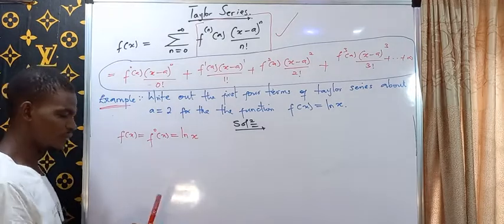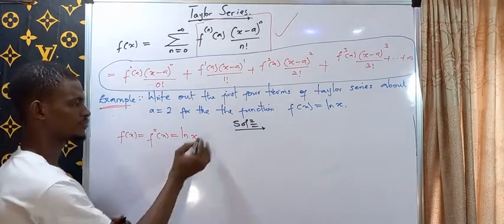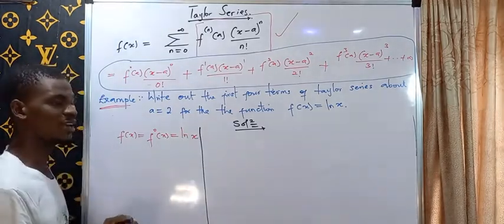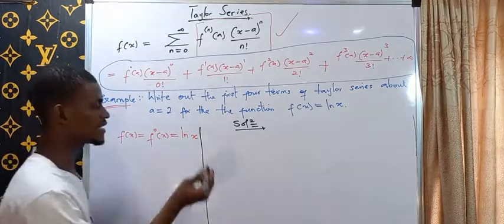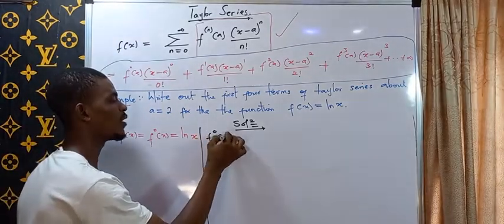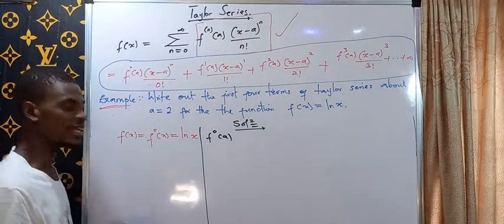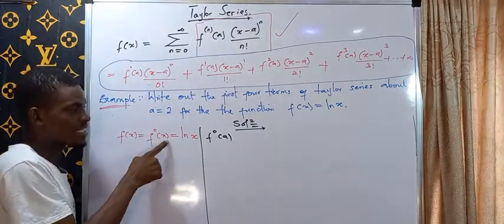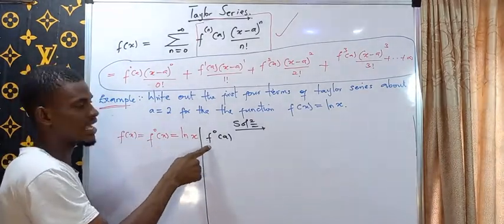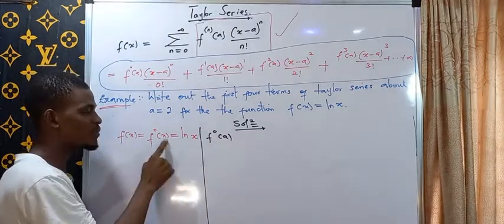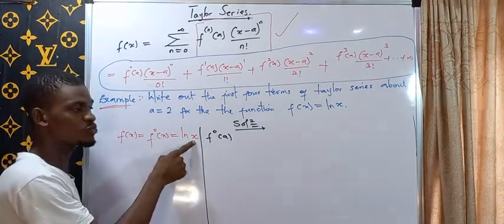But in my formula, I need f of a. So I can say f superscript 0 of a. What is f superscript 0 of a? If f superscript 0 of x is equal to ln x, then f superscript 0 of a means that anywhere I see x here, I will replace it with a.